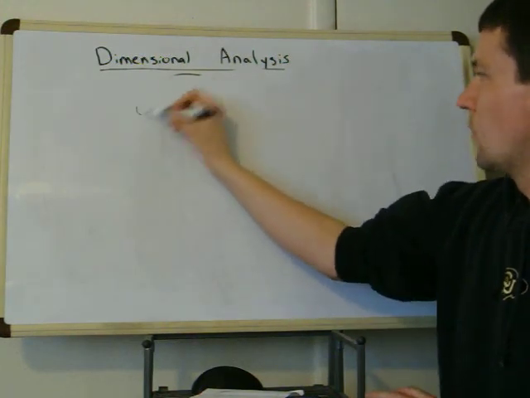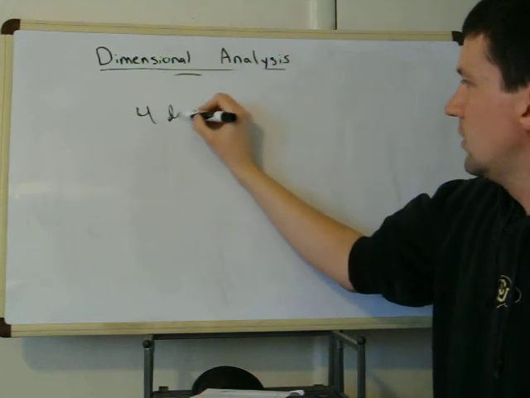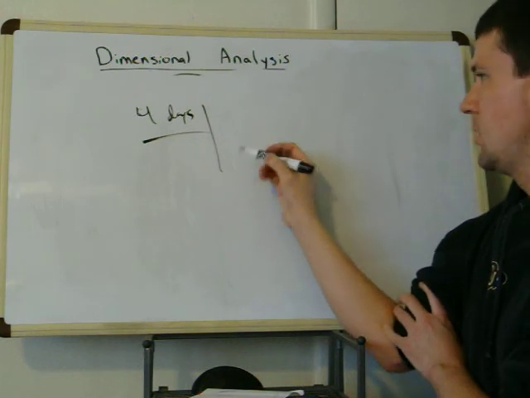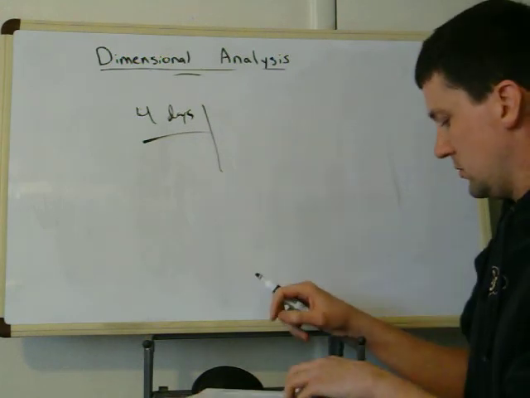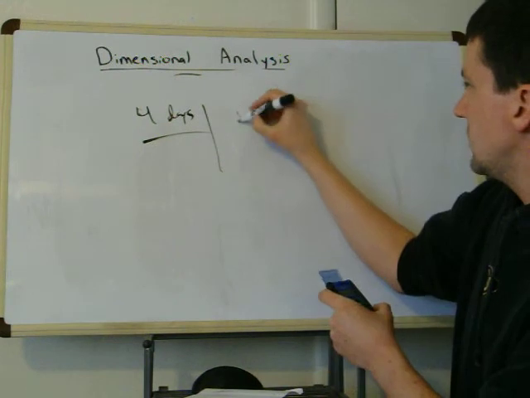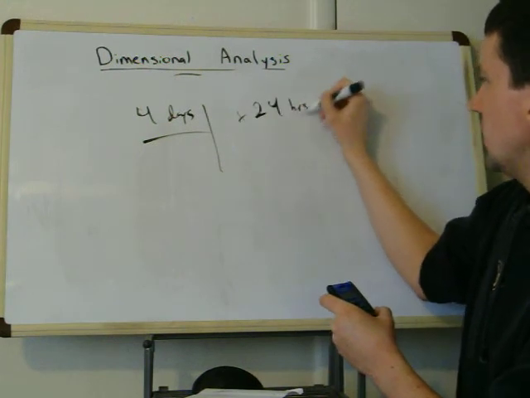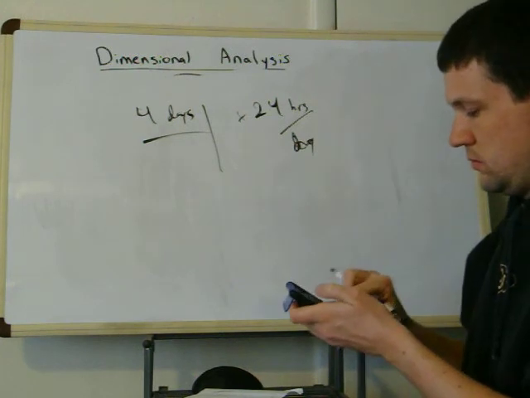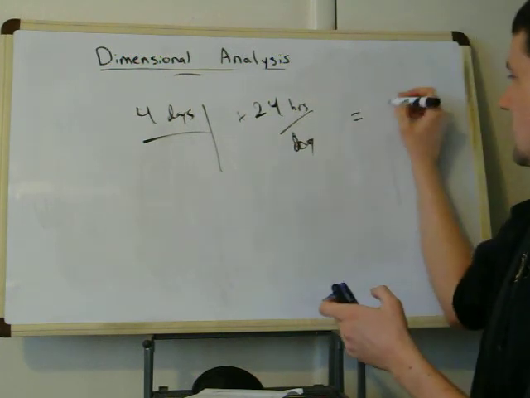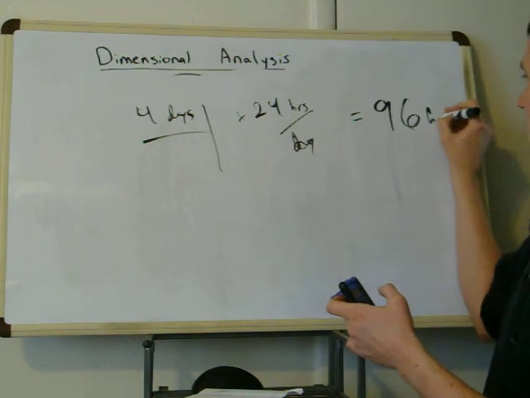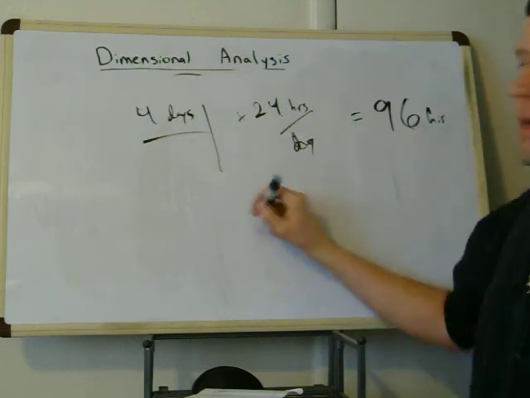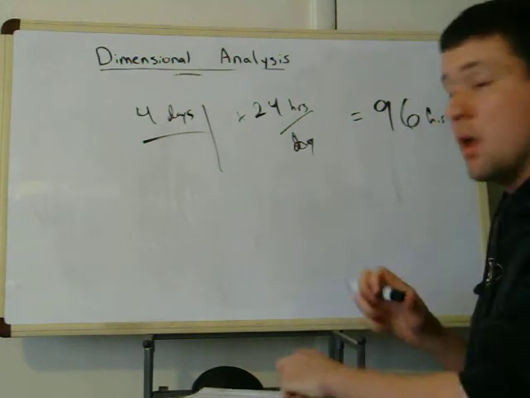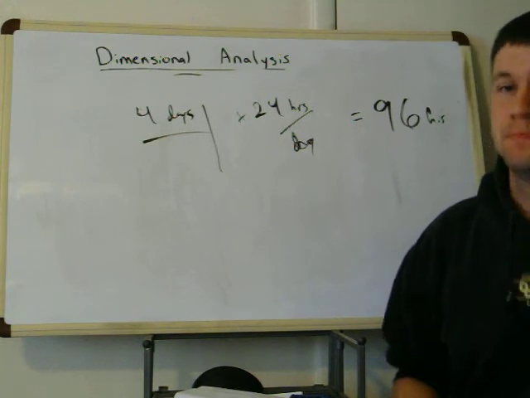You could say, okay, in 4 days, just in your mind you would say there's 4 days and then 24 hours per day. You could say that there's 96 hours that we're dealing with. And then you would convert hours to minutes and then minutes to seconds. You'll get the right answer, but you'll just add some extra steps.